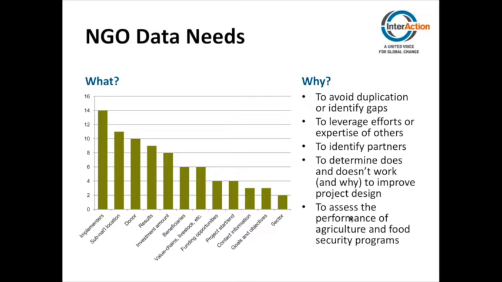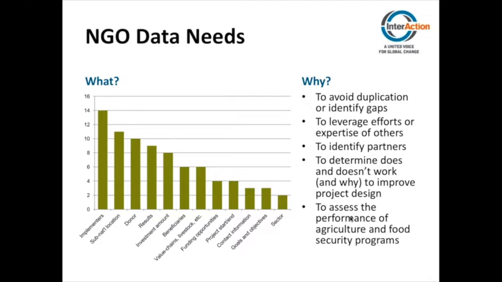And so the main two points that we want to highlight is that at the broader level, NGOs, particularly INGOs, want to avoid duplication and to leverage the expertise of other organizations that are implementing agriculture and food security programs.